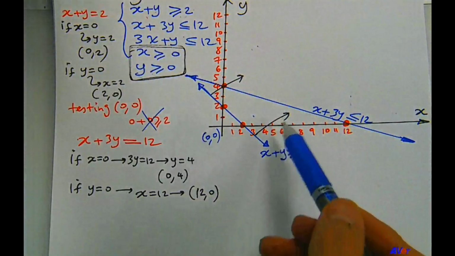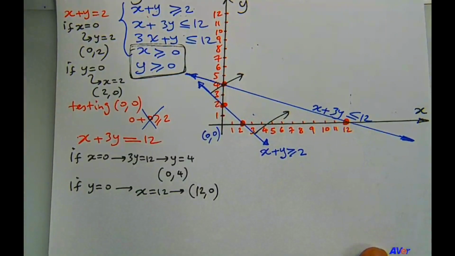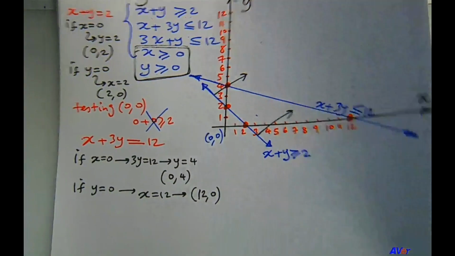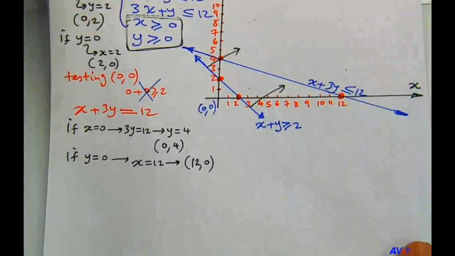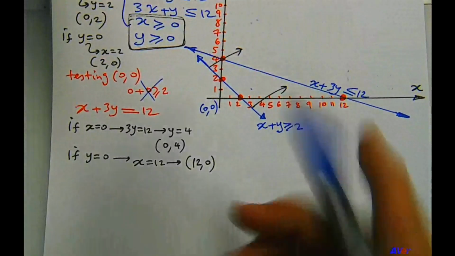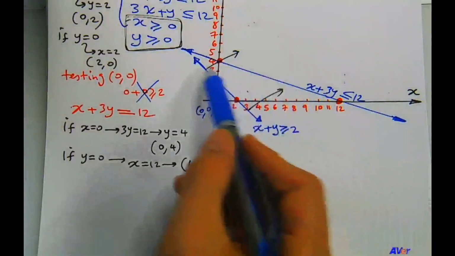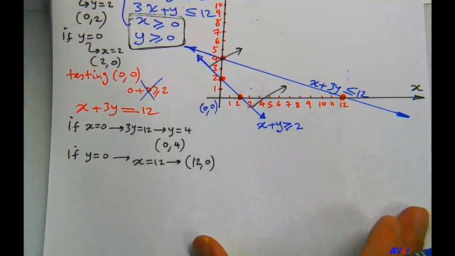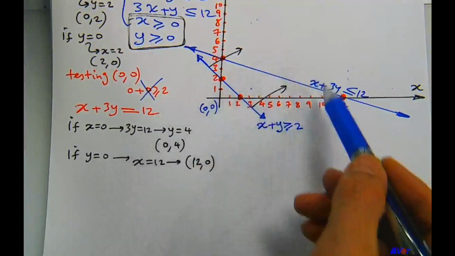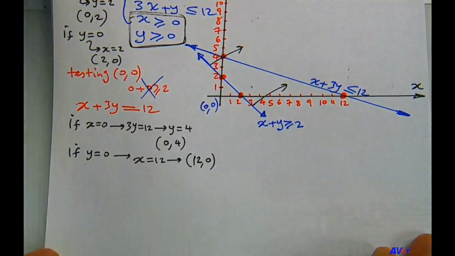Okay, so now that we have the boundary line figured out, we need to find the region of solution for that one. So this line isn't going through the origin. We can use the origin as a test point.